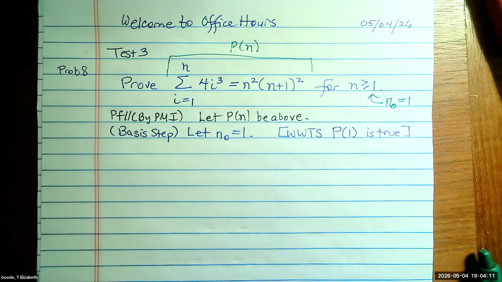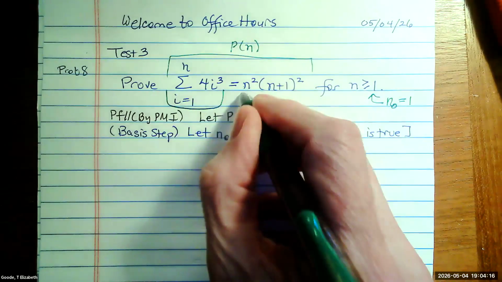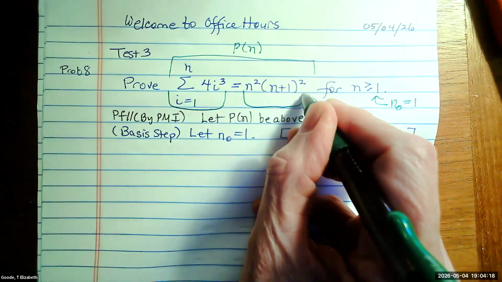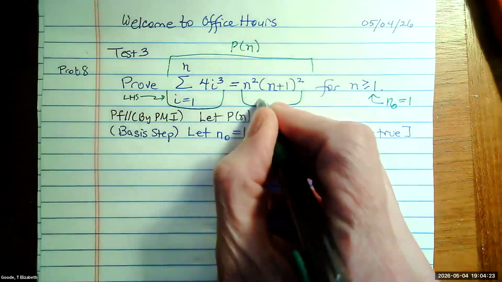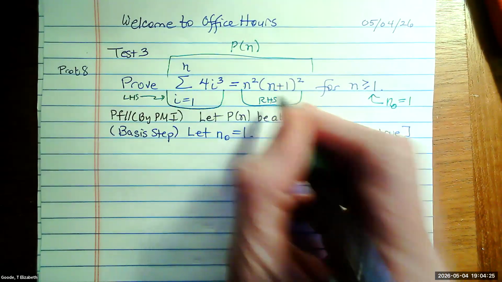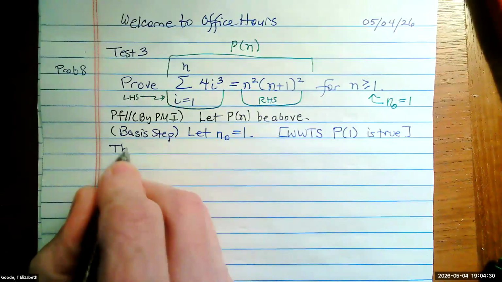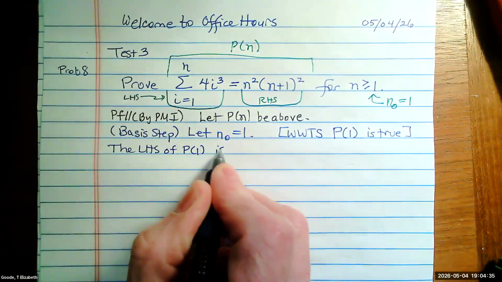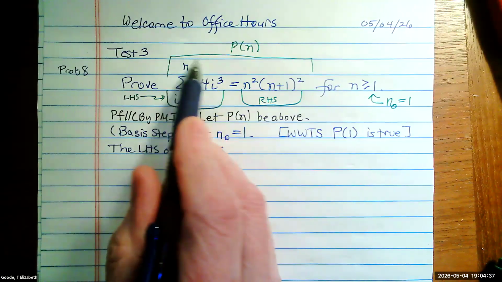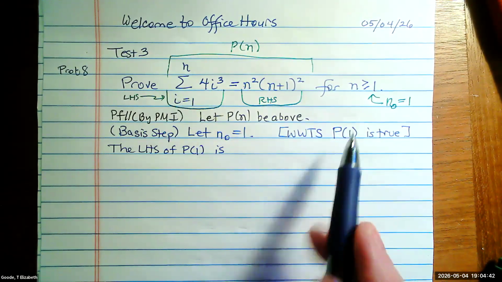And we're going to very carefully deal with the left-hand side separately from the right-hand side. So the left-hand side of P of 1 is, will you help me? Everywhere we see an n, we're going to put a 1, right? So tell me what we're going to write.